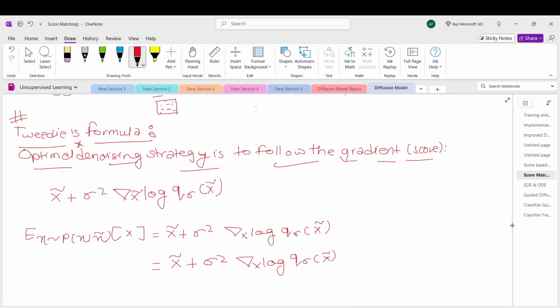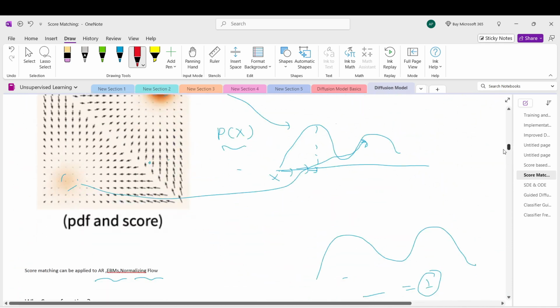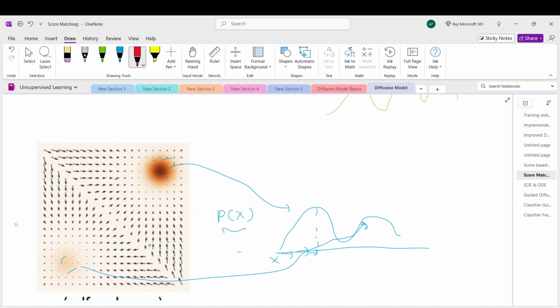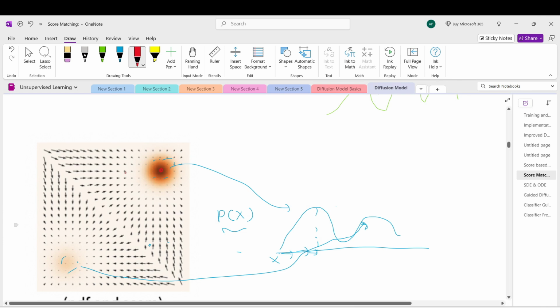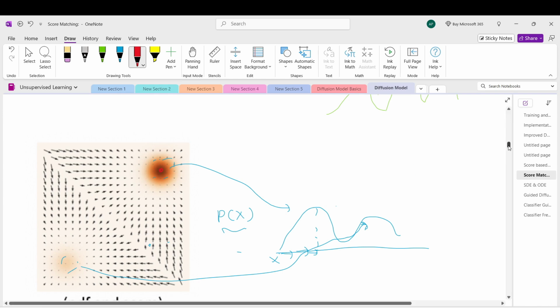So what is the gradient? It is here. If you want to denoise, follow the gradient and take the real ones. Tweedie's formula says that if you want to get a good-looking sample, follow these gradients and you will get good samples. This is what Tweedie's formula is saying.